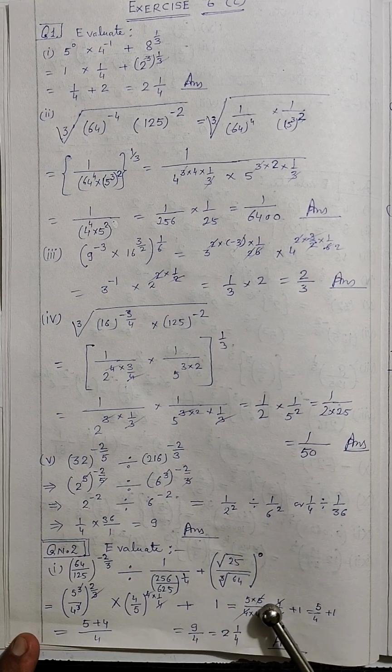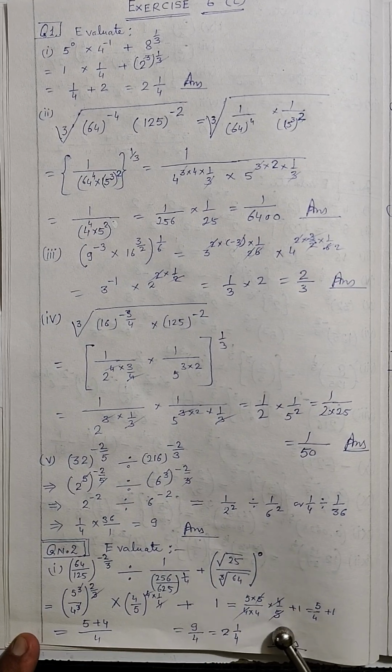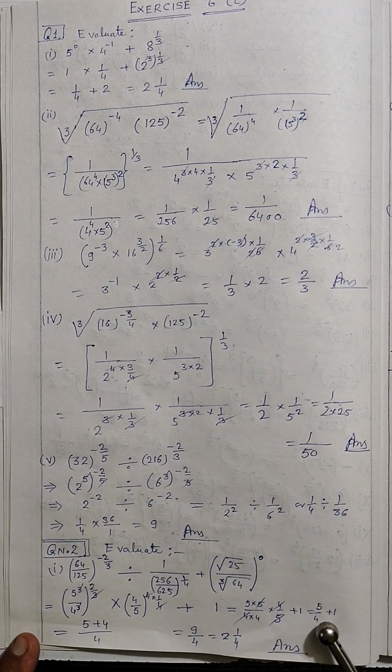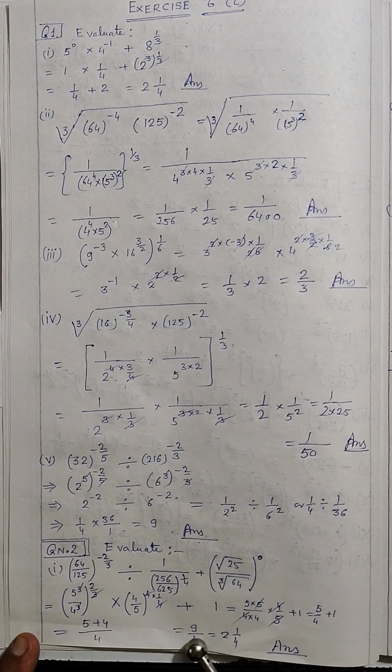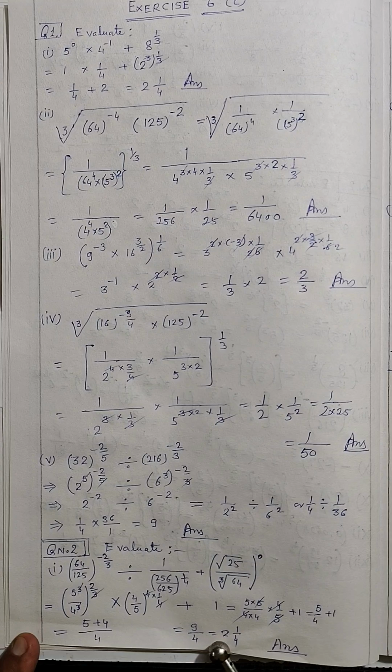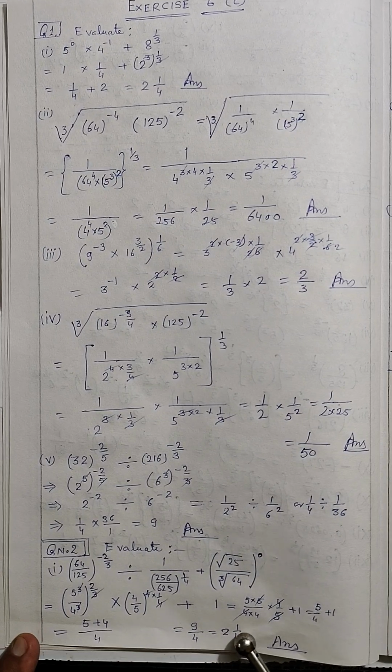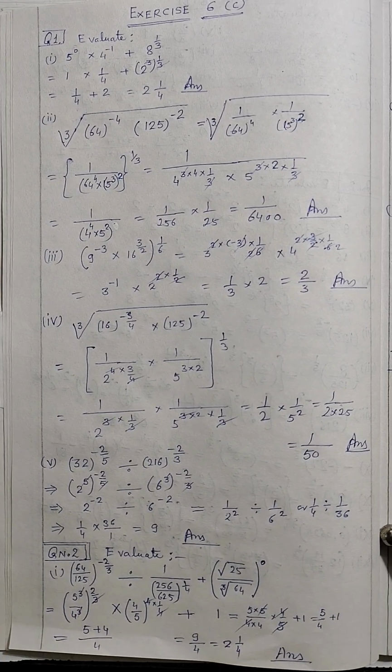So 5 by 4 into 5 by 4 into 4 by 5 plus 1, that will be equal to 5 by 4 plus 1. So 5 by 4 plus 1 is 5 plus 4 by 4, that will be equal to 9 by 4. It will be equal to 2 and 1 by 4. This is the first part of question number 2.